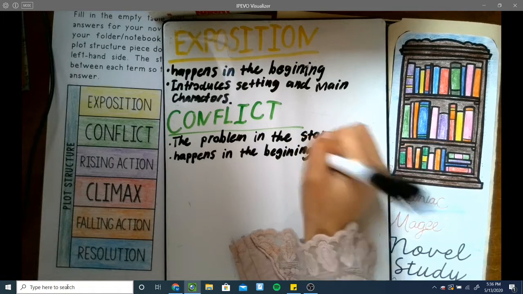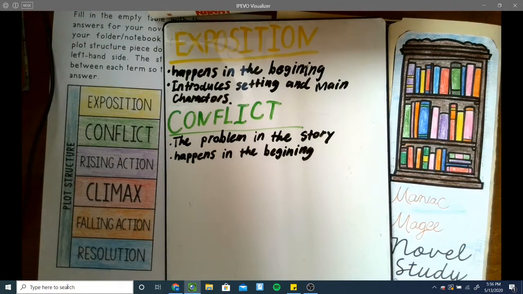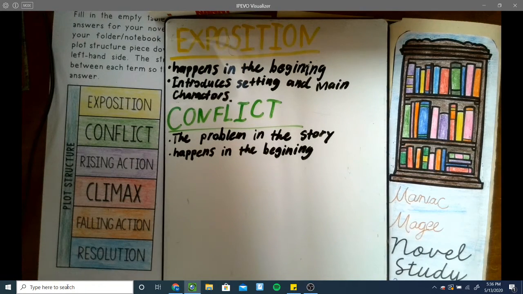And authors usually put the conflict right in the beginning to really pique our interest. If there wasn't any conflict in the story, we really wouldn't have a whole lot to read about.